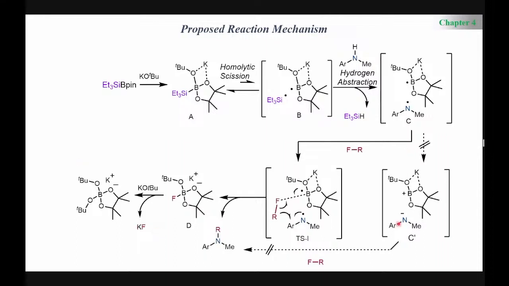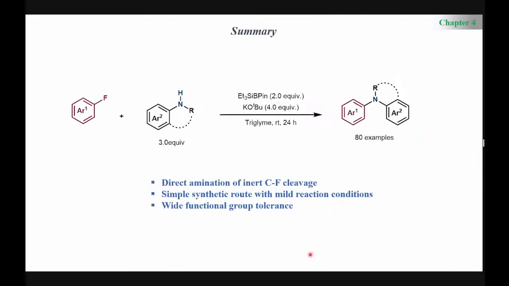And this SNAr process was ruled out by the control experiments I just mentioned minutes ago. So to summarize, we have developed this C-F amination cross-coupling reaction under mild reaction conditions.